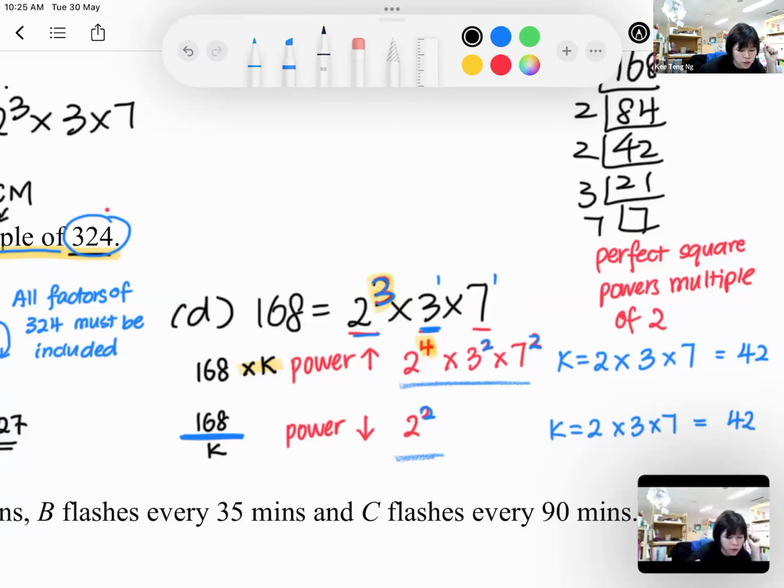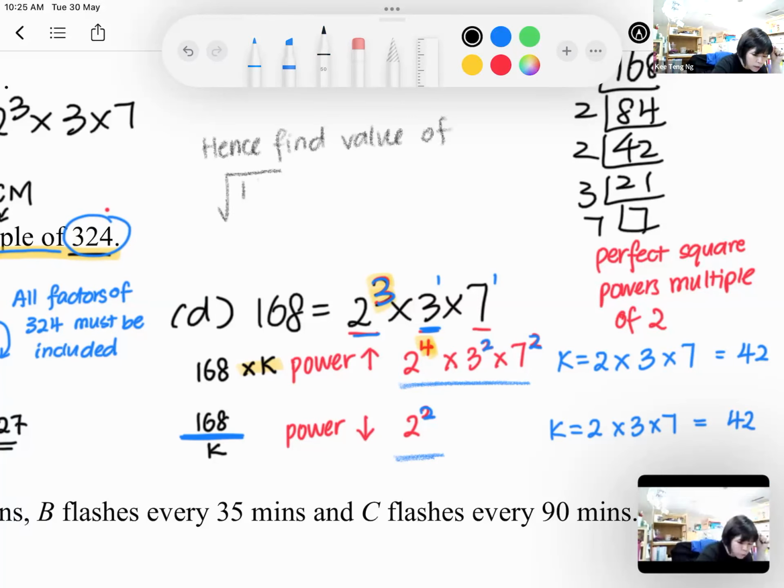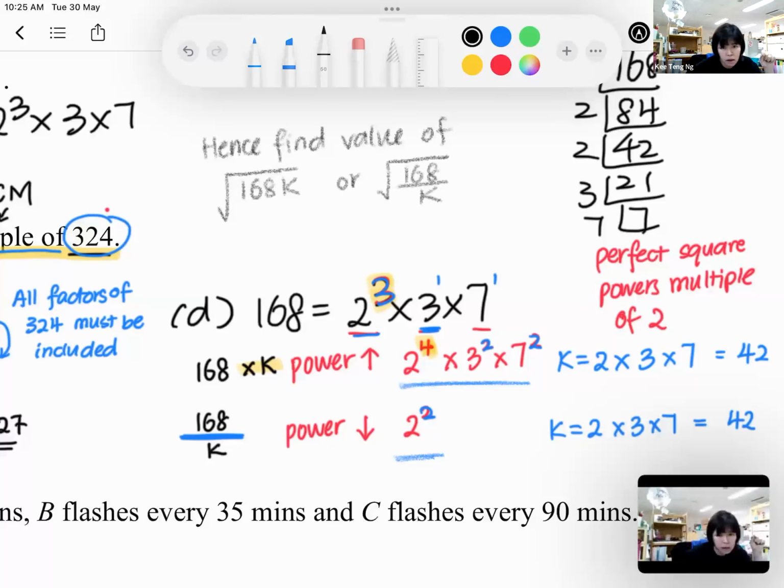If the question is going to add on one more part, hence find the value of square root of 168k or square root of 168 over k, the answers will be totally different. This answer over here will be 2 to the power of 4, 3 square, 7 square, then it will be 2 square times 3 times 7.